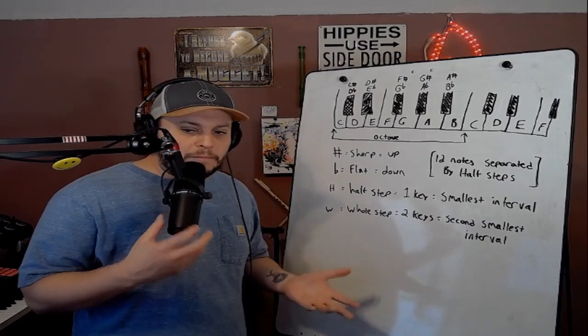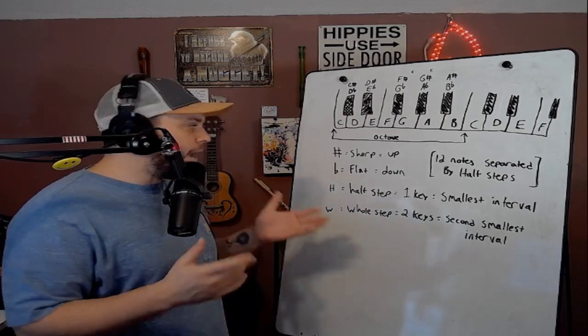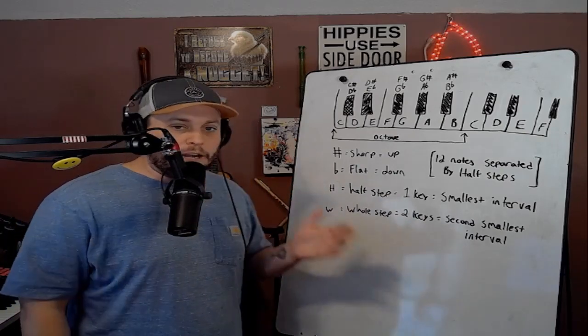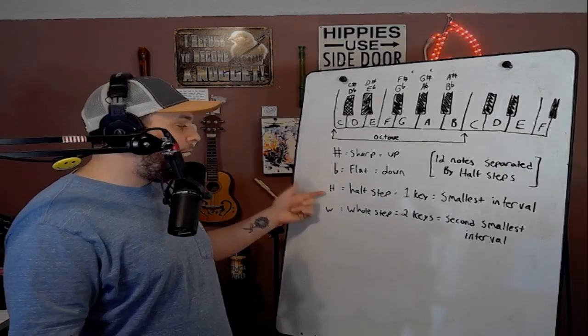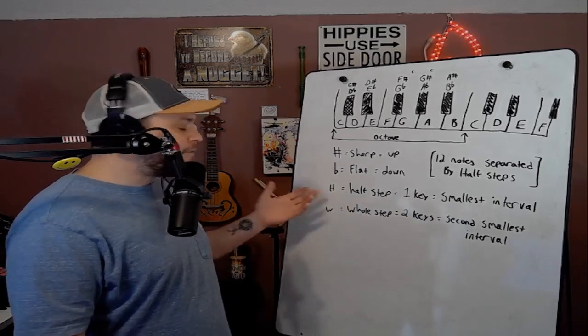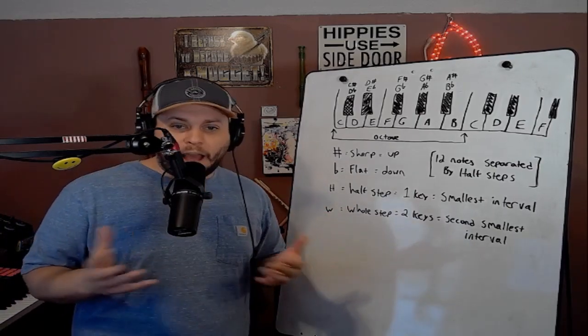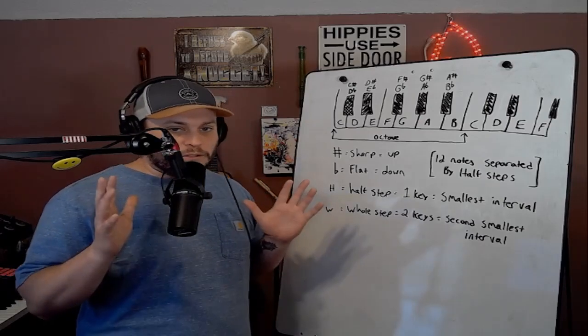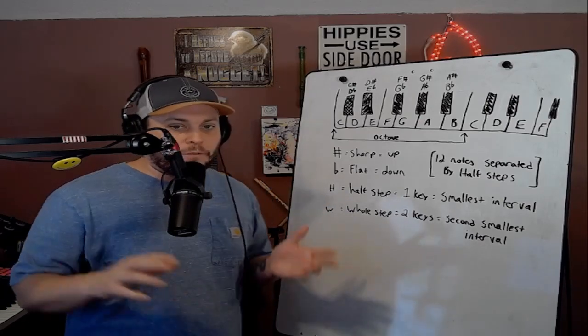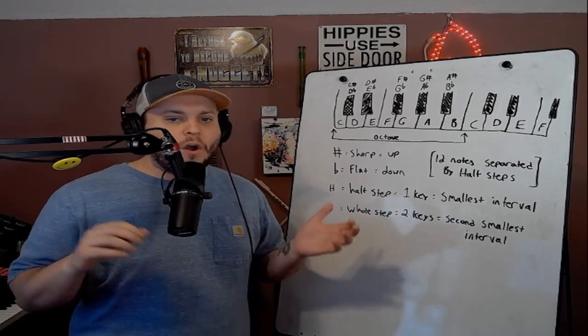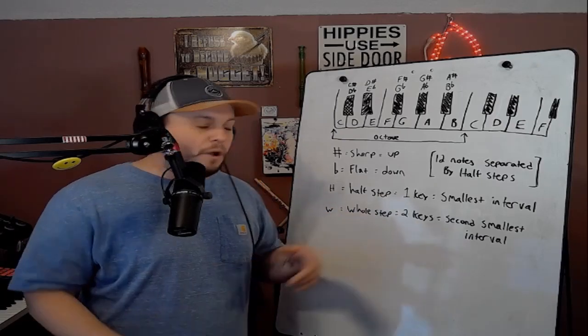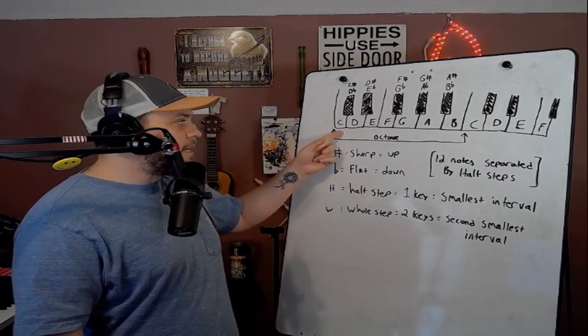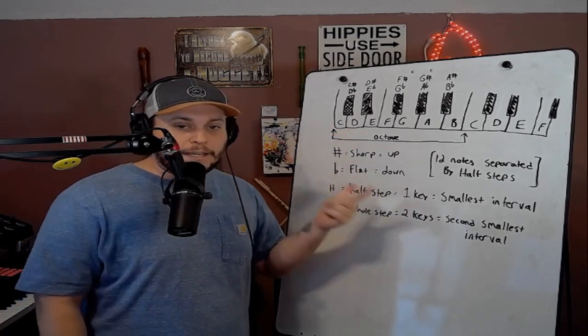Now, what do I mean by in a row as far as this lesson? I mean in a row as far as what are called half steps. A half step is going up or down by one key regardless of color. This is one of the most important things to get in your head before you even start playing songs. A lot of people get down the road and they think that C and D are one key apart.